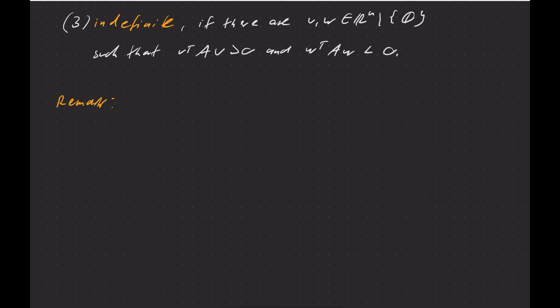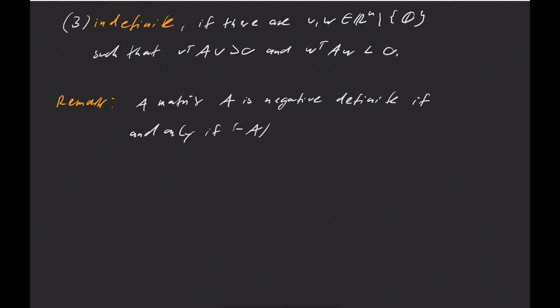Okay, so we have a greater instead of a less than. So a matrix A is negative definite if and only if the matrix minus A is positive definite.